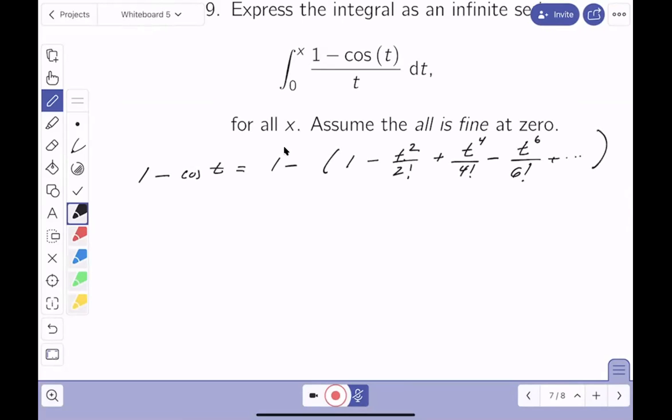I think you get the idea. Now, if you do that, what do you get? Well, you get t squared over 2 factorial minus t to the 4 over 4 factorial plus t to the 6 over 6 factorial, yada, yada, yada.